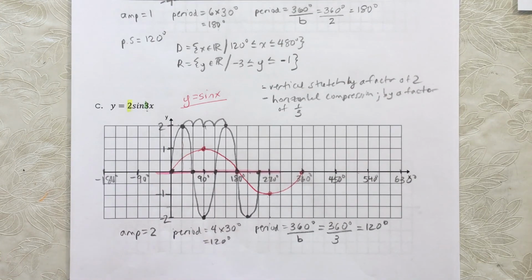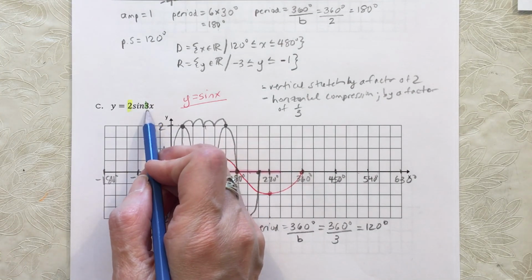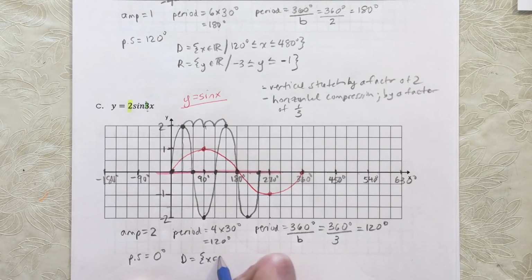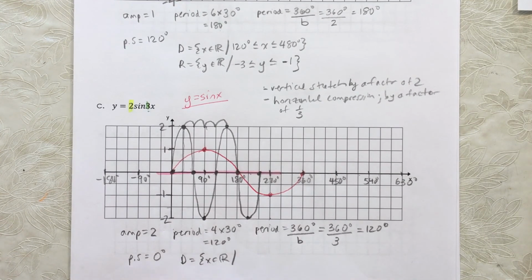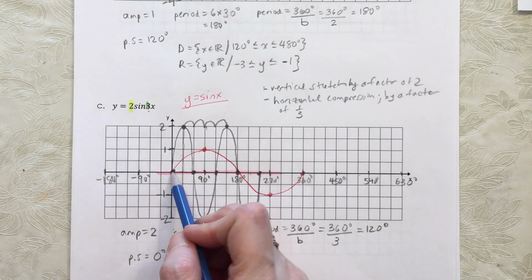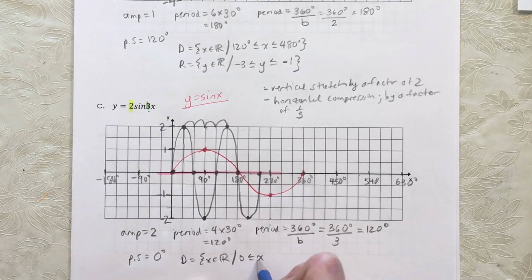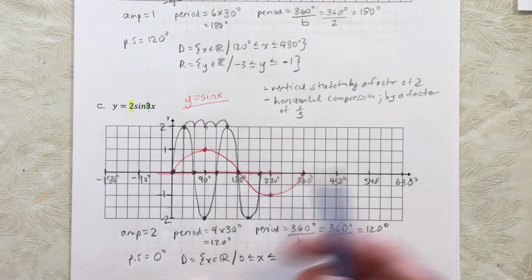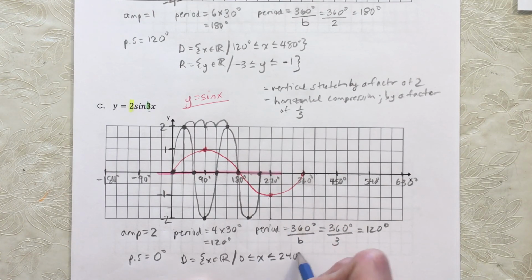Phase shift. So there's no horizontal shift left or right. So our phase shift we write as 0 degrees because we didn't move left or right. Domain, all real numbers. So we started at 0 and ended at 30 degrees before 270, which is 240 degrees.